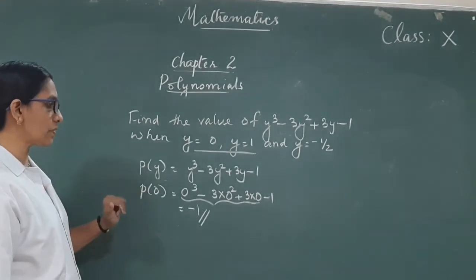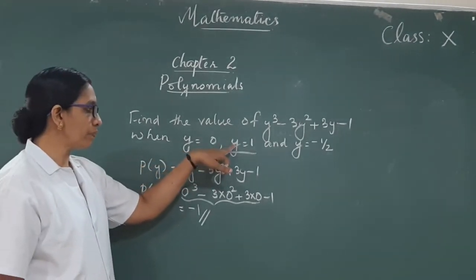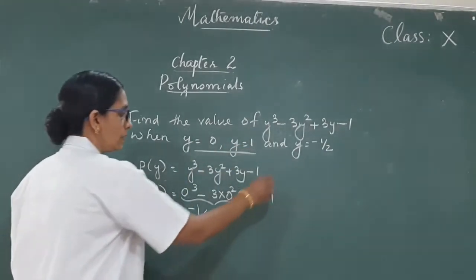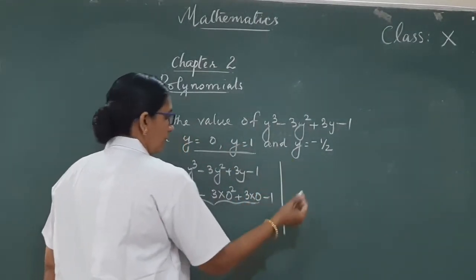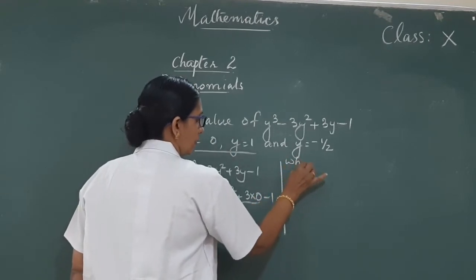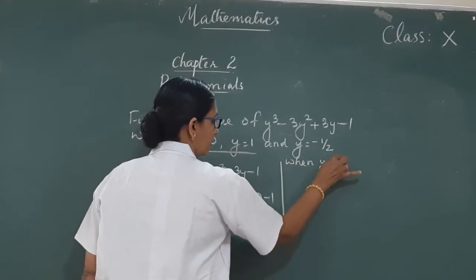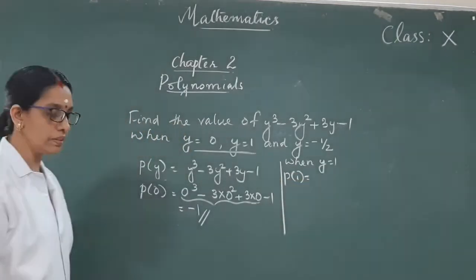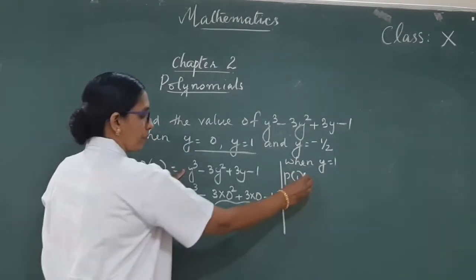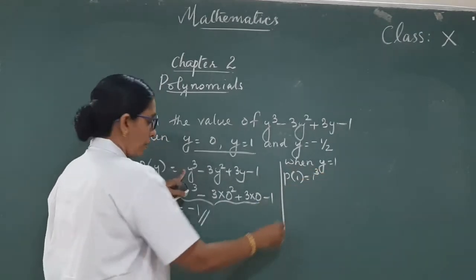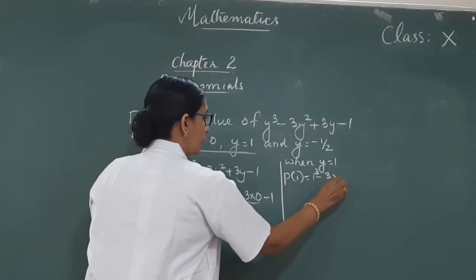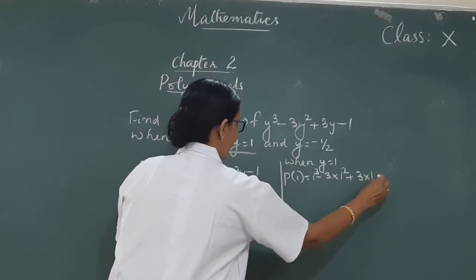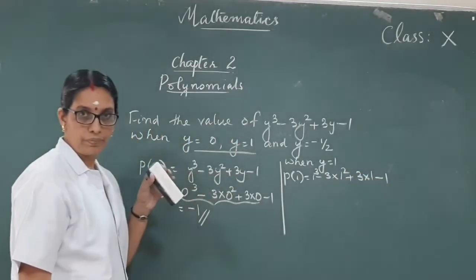Now come to the next one. What is the next value? y is equal to 1. Okay, so let's discuss. When y equal to 1, p of 1 we can find out. What is p of 1? 1 cube minus 3 into 1 square plus 3 into 1 minus 1.